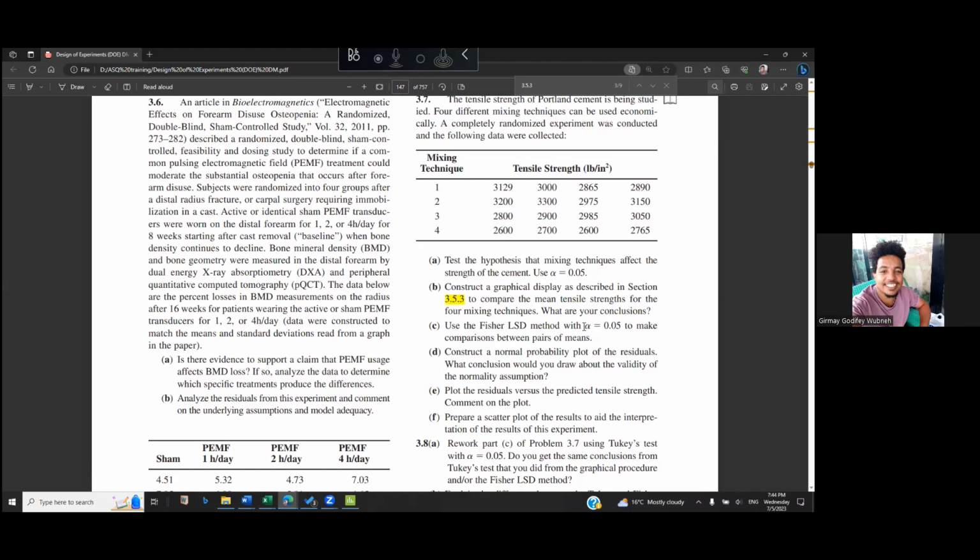So the mean tensile strength of mixing 1 and mixing 3 is similar, and that is our conclusion. Now next, use Fisher LSD method with alpha 0.05 to make comparison between the pairs of means.